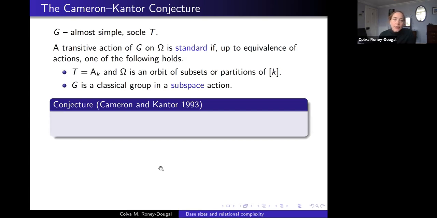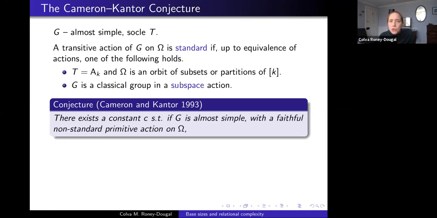Then Peter Cameron and Bill Kantor conjectured in 1993 a really startling thing, that there exists an absolute constant c, such that if G is almost simple and is not one of these standard things, so not subsets, not partitions, and not acting on subspaces, then the base size is bounded by this absolute constant c, which sounds like it shouldn't be true, but is.